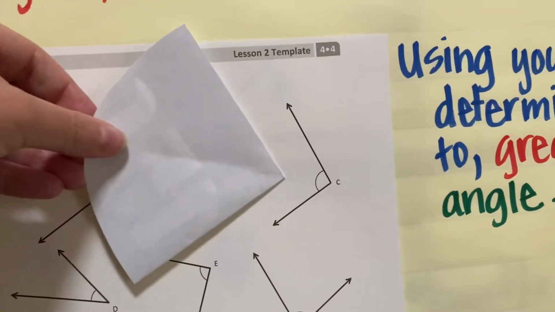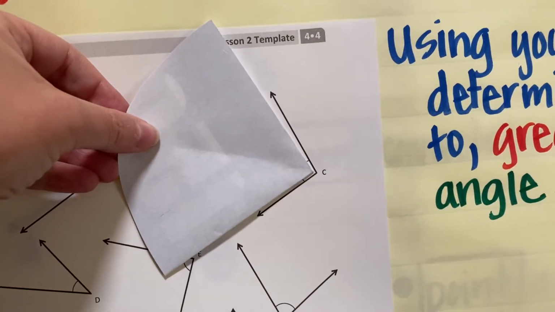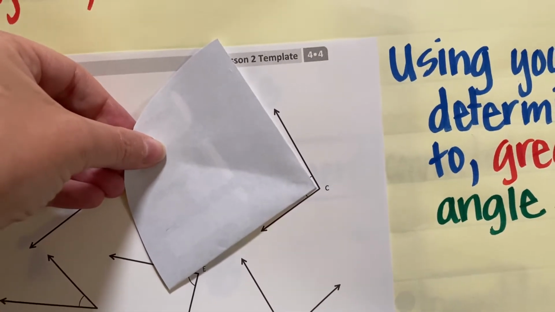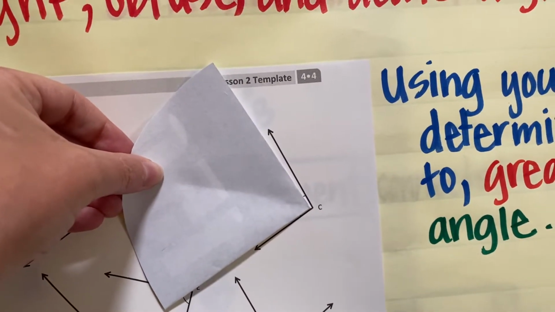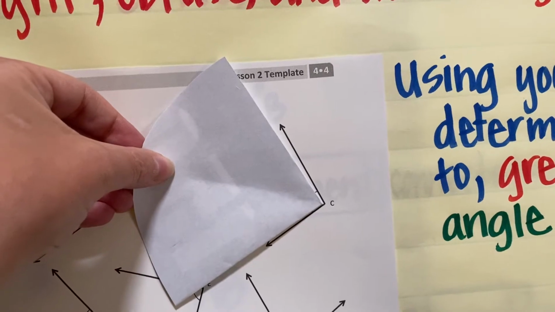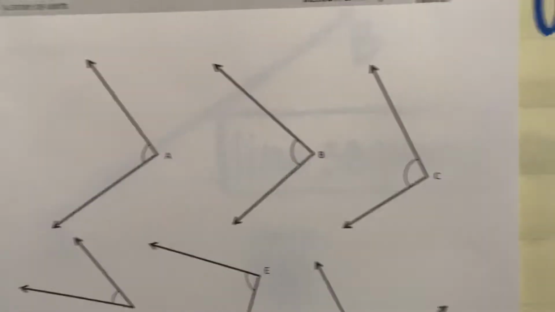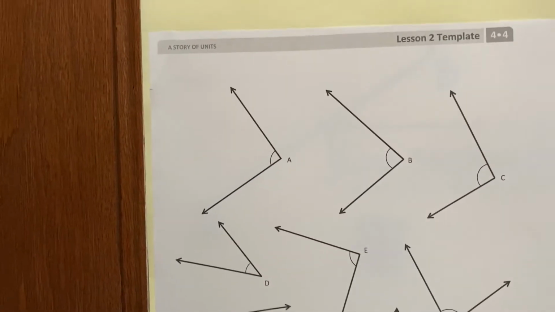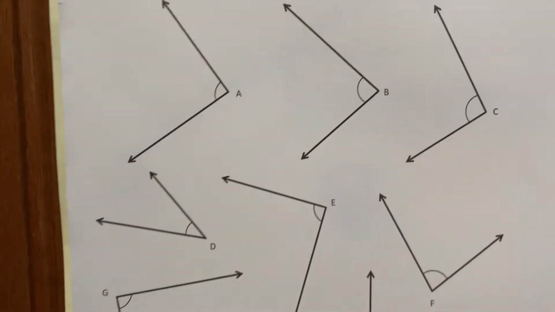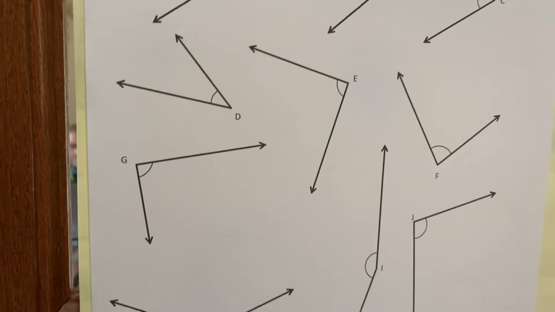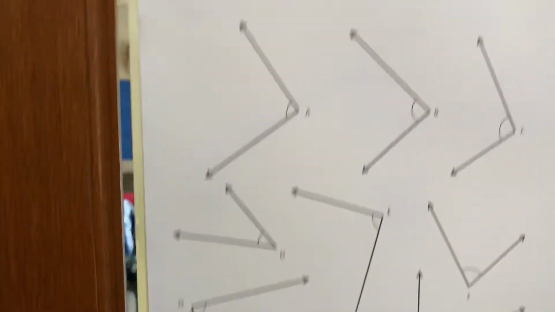Okay, we're going to do that with C. Do we see that C goes a little bit outside of our template? So this would be greater than. You're going to continue to do that with each of your angles, D, E, F, all the way down the page.